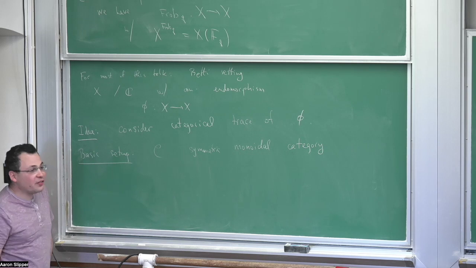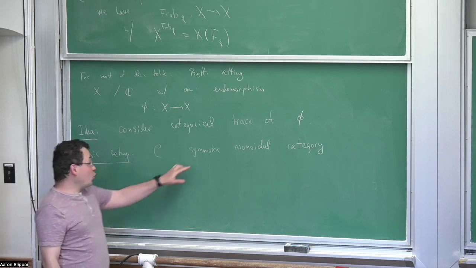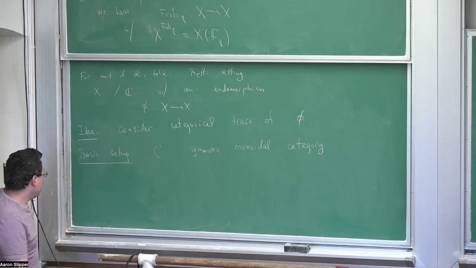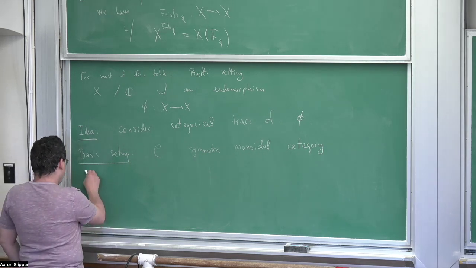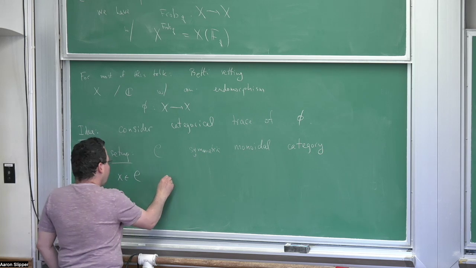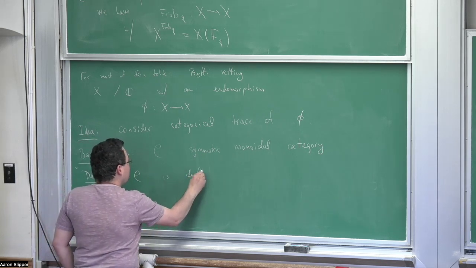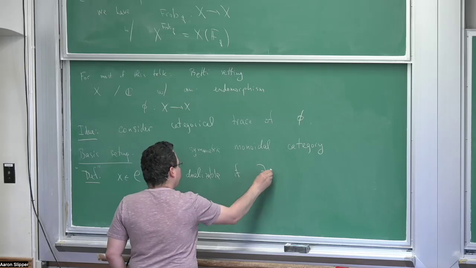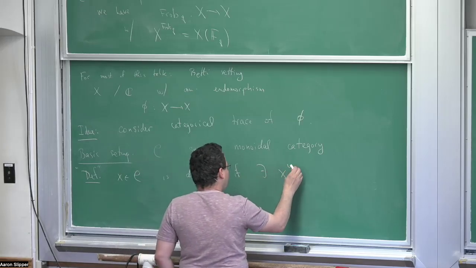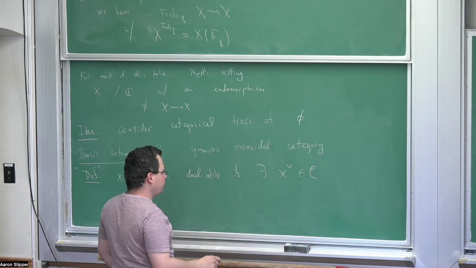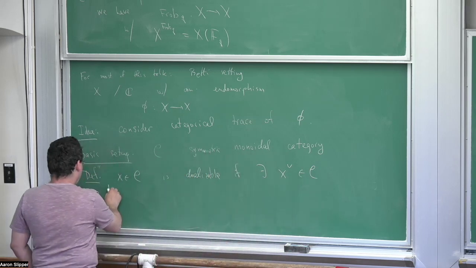It is important that it's symmetric monoidal, no less. Emphasize that. So, definition: an object is dualizable, and there is another object, and maps.